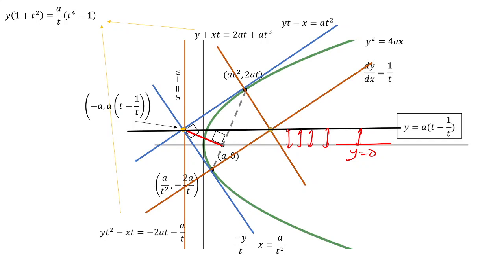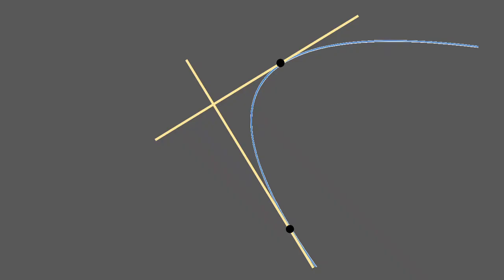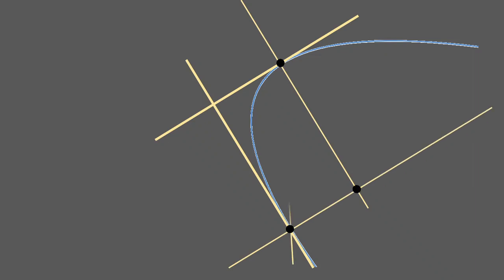Now I'm going to show the construction algorithm again after proving these things. You have a pair of perpendicular tangents to the parabola, and then you draw the normals, and you figure out this point.